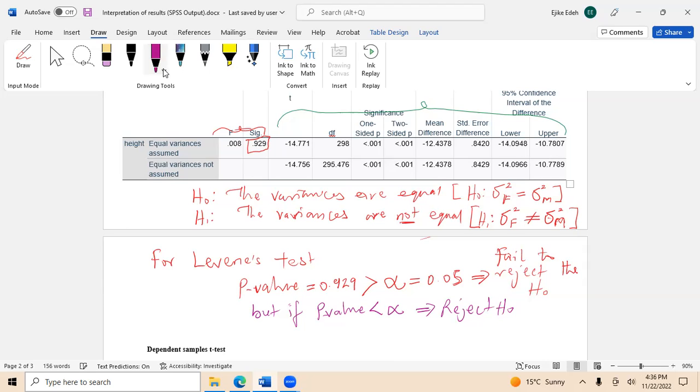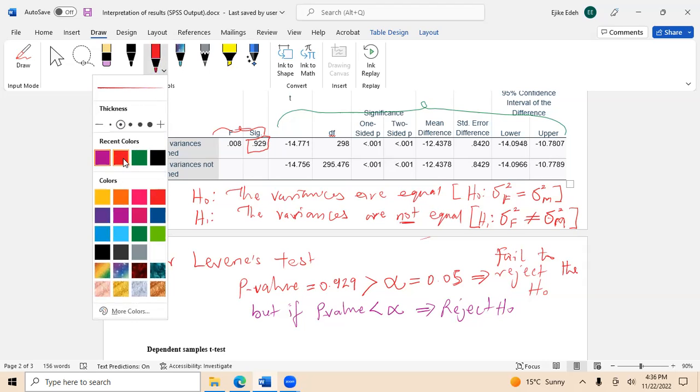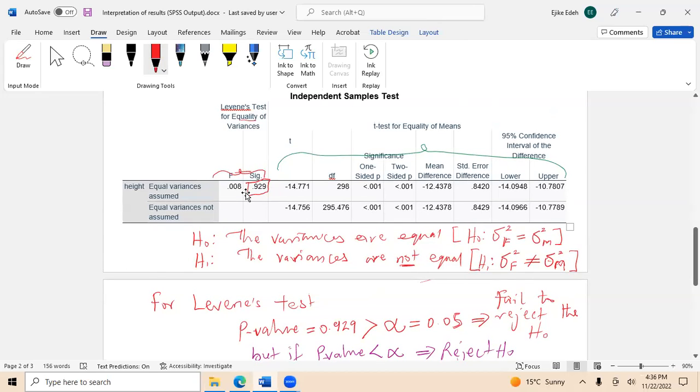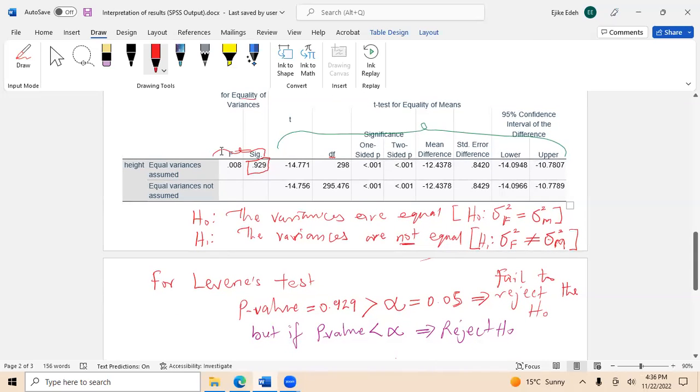Okay, but in this scenario where we are looking at today on Levene's test, we see that the p-value from this output is indicating a value bigger than alpha, where alpha is 0.05 for us. So the outcome of the Levene's test here is that we failed to reject H0, okay?